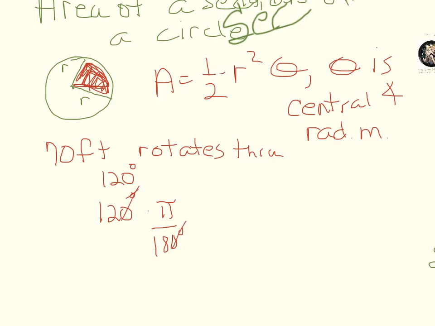So the zeros cancel, and 6 goes in both times. So our central angle is 2 pi over 3. So we take our formula. Area is 1/2 times the radius squared times 2 pi over 3.